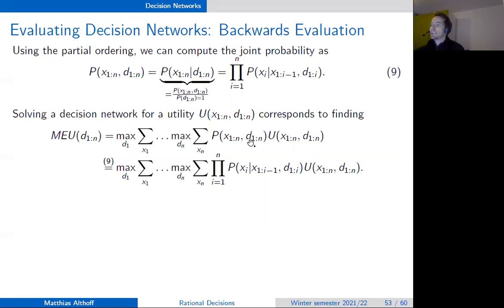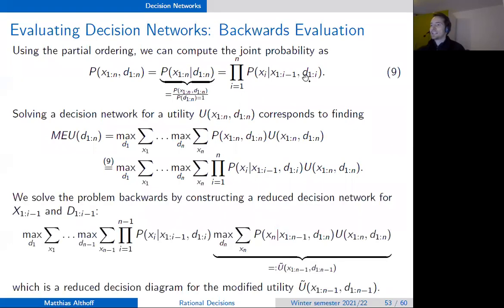And as you know, expected utility is computed by summing over all outcomes, and we are weighing the utilities with the different probabilities. Now we simply replace this joint probability with formula 9. And what we then do is rewrite this formula for the maximum expected utility by looking at the last decision.